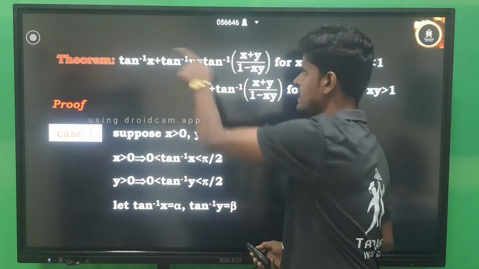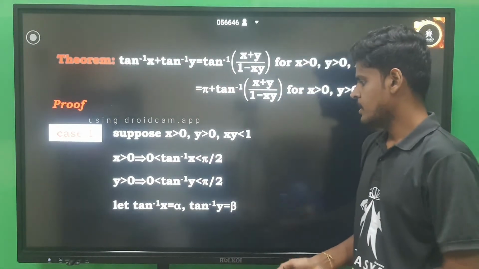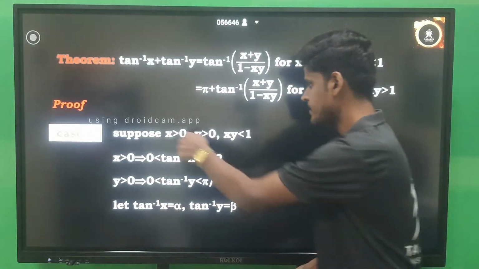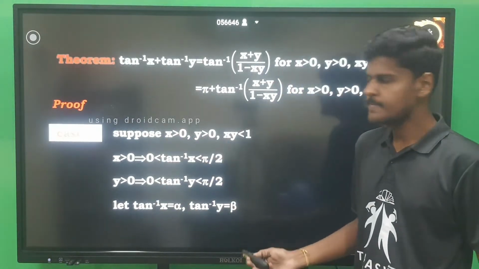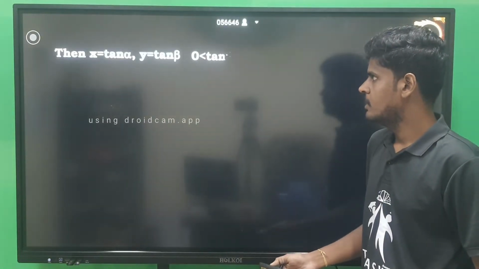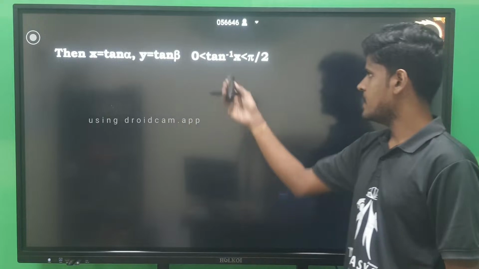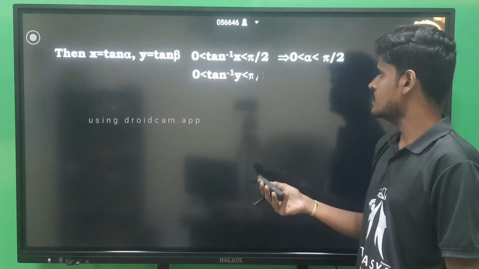Now, when we add these two, what is the answer? Let's assume this is alpha and beta. Then alpha plus beta will lie between 0 to 180 degrees. So that means x is equal to tan alpha, y is equal to tan beta, and we already discussed this.